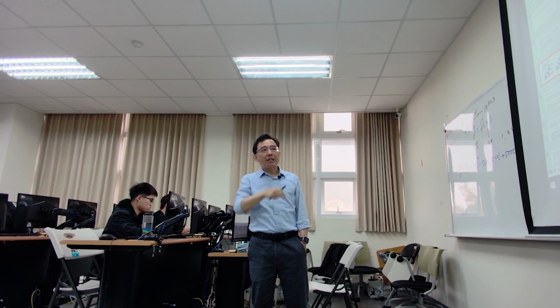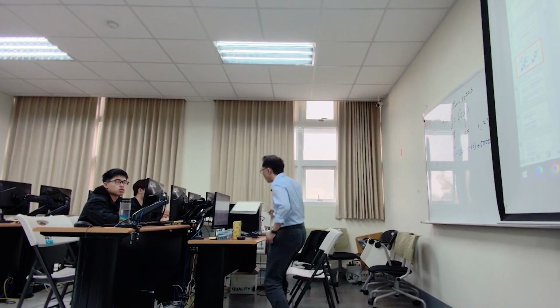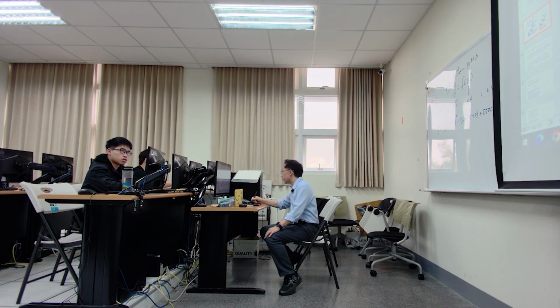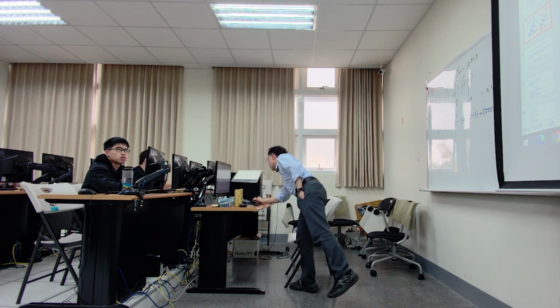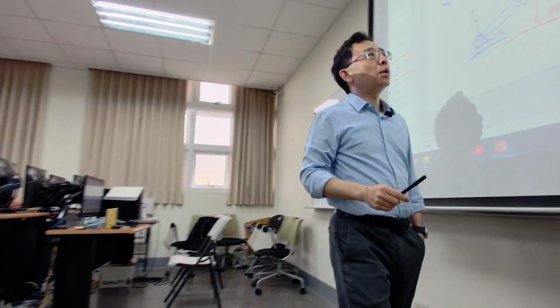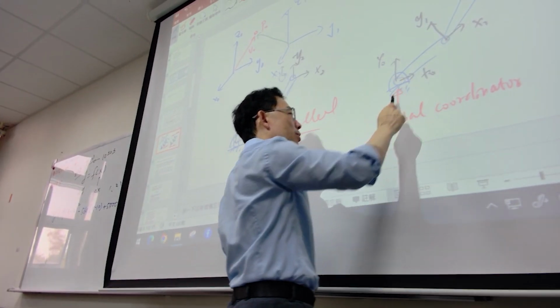So in this case, x0, y0 is what we call the global coordinate. The others are called reference coordinates, because we have a lot. There's only one global coordinate. So we need to calculate each position in space back to the global.